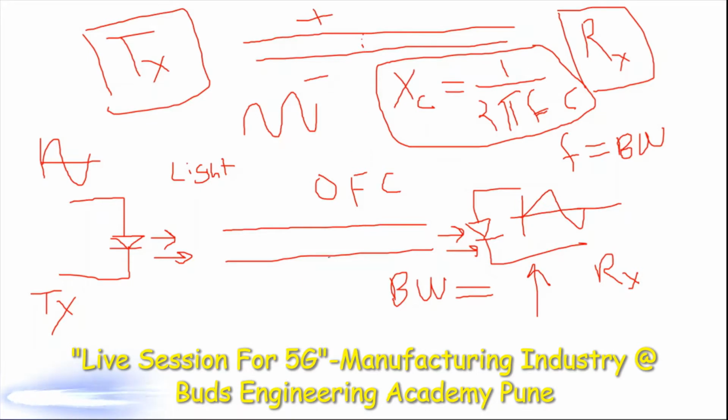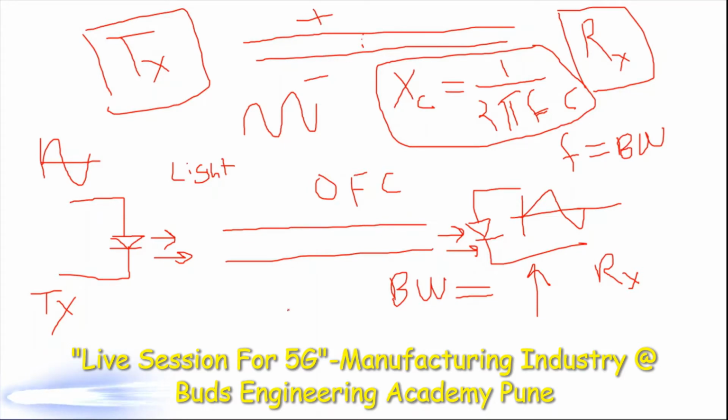Yeah, because we are transmitting light here. You see, the diameter of light is in microns. The diameter of basically light, which is nothing but packets of photons, tends to zero, not zero, but tends to zero.